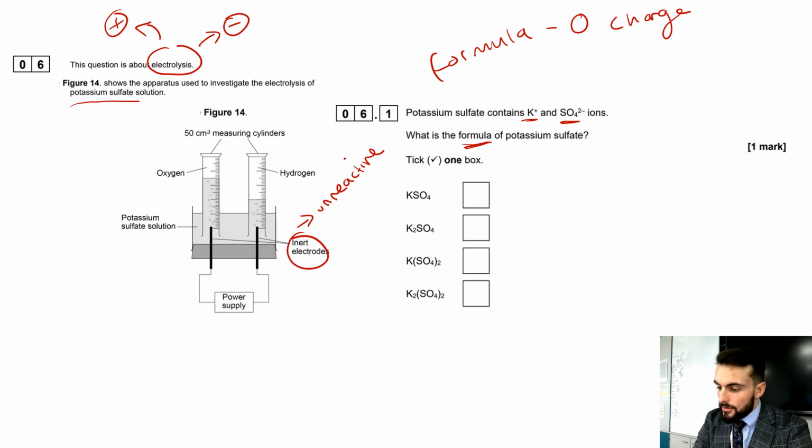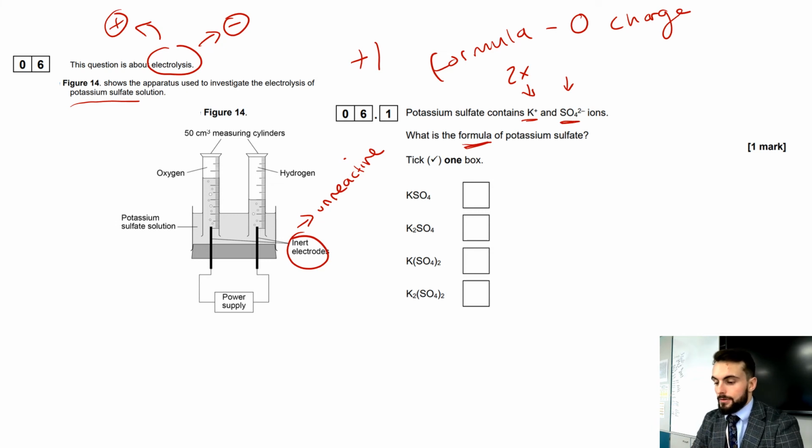So the charges of the potassiums and the charges of the sulfate ions must cancel out. We're just doing some simple maths. If it's just a plus, that's the same as it being a +1. So how many potassium +1s do I need to cancel out sulfate 2 minus? How many plus ones do I need to cancel out 2 minus? I need 2 potassiums.